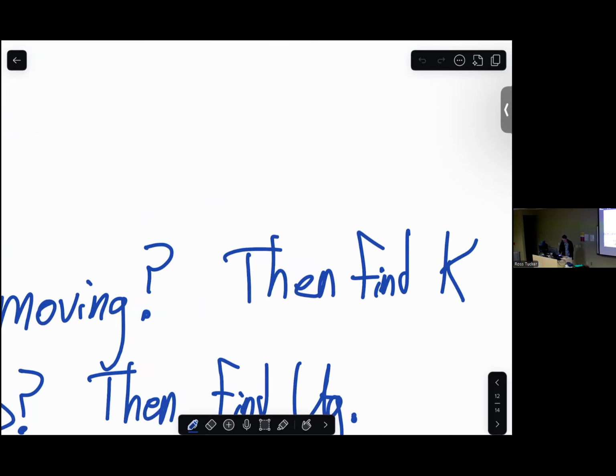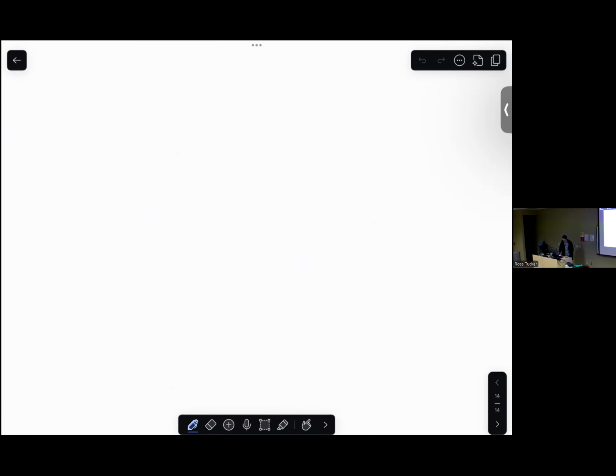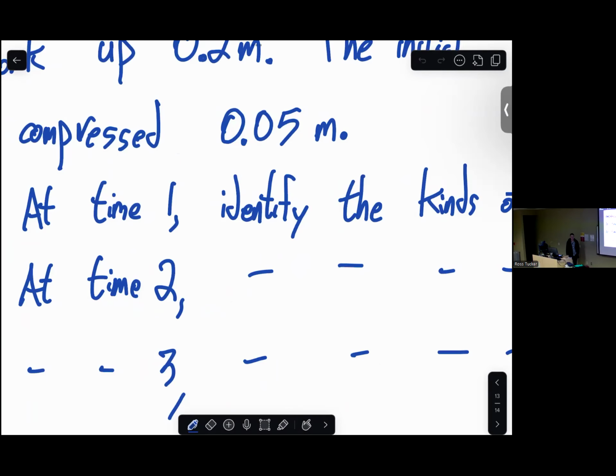If you are not moving, no kinetic. At the peak position, it is true that you do have gravitational potential energy. Are you not up at your highest point? It is not true that you say UG is 0. That is a lie. It is true that the spring is not compressed or extended.